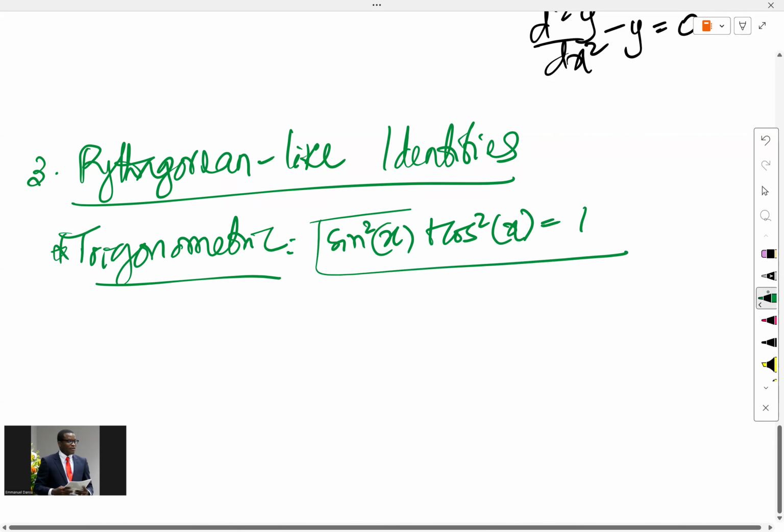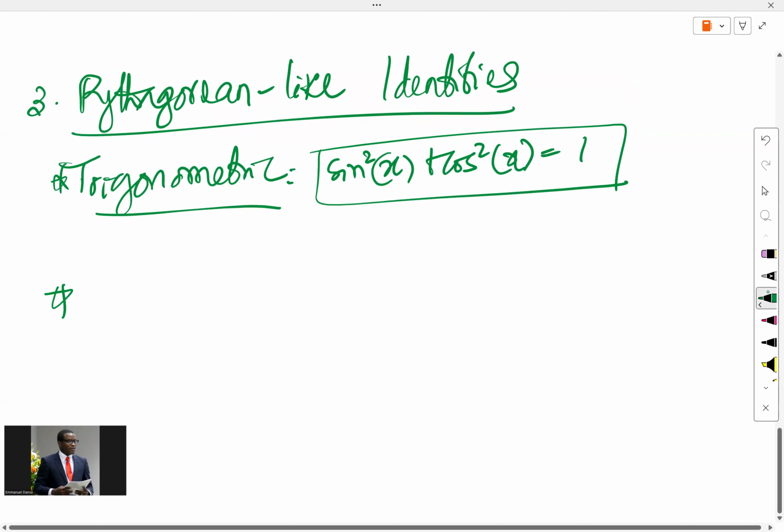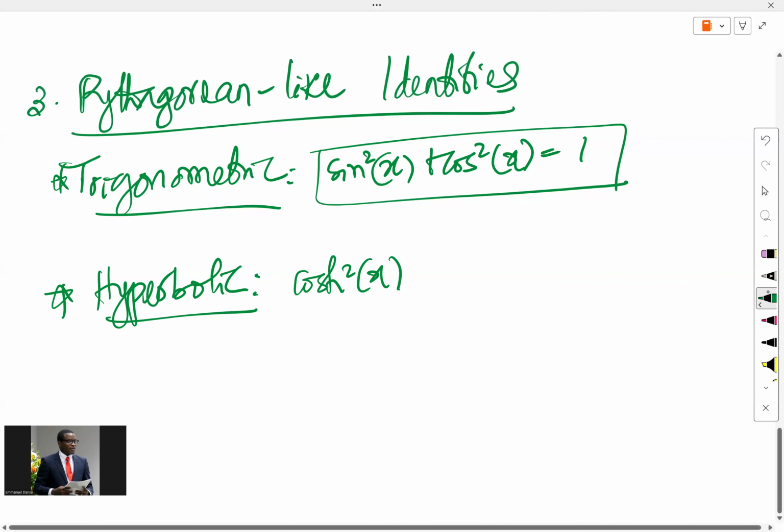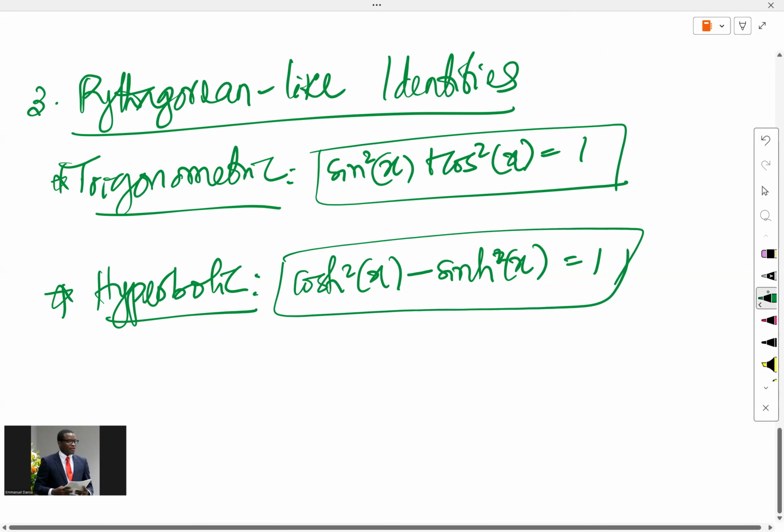This is a very important identity that is useful for so many things. Then in the hyperbolic context, we've also seen this in previous videos. This is actually cosh squared x minus sinh squared x is equal to 1. So they look Pythagorean-like in nature.